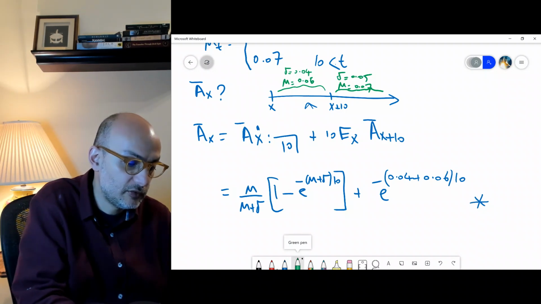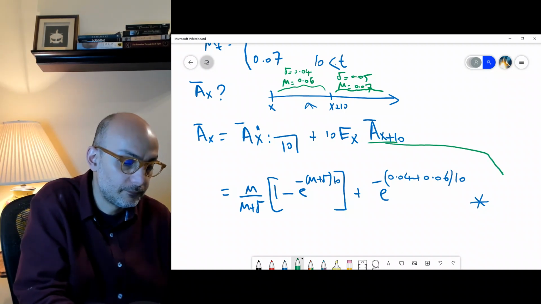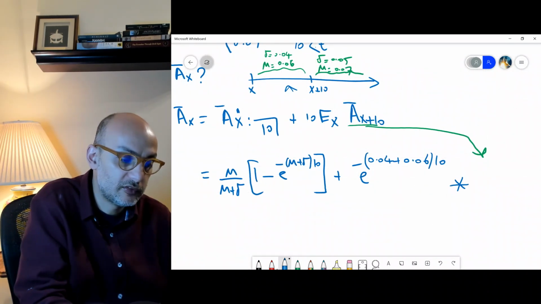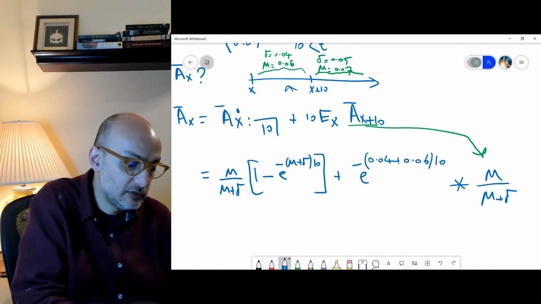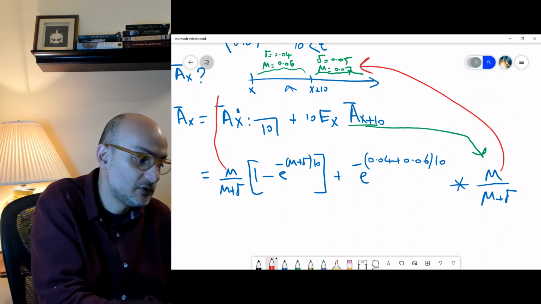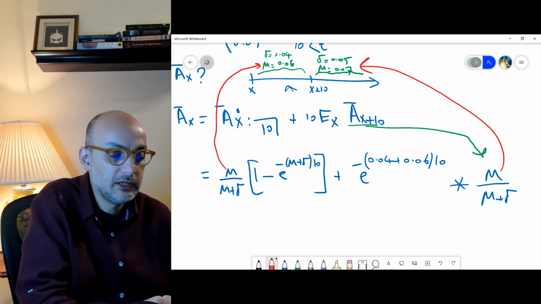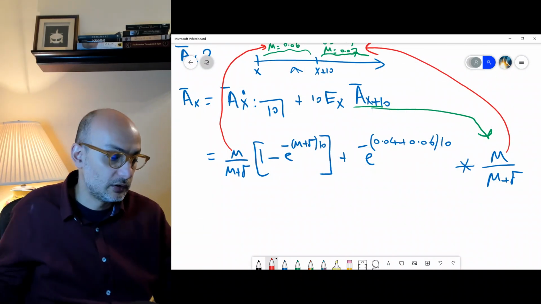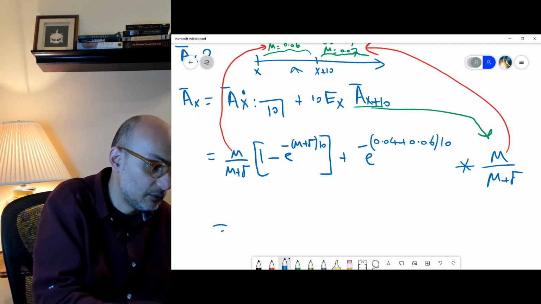Now let's look at this one here, this uniform distribution. It's mu over mu plus delta, but this mu we need to take from this side, and this mu you need to take from this side, right? So we need to be careful about this one, not to confuse them. Let's write what we wanted here.